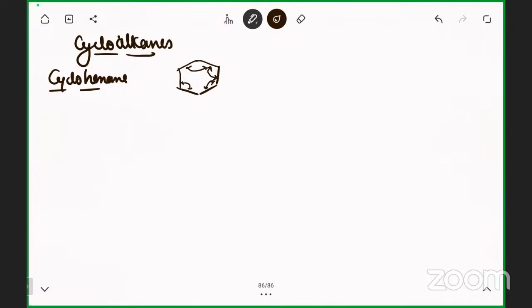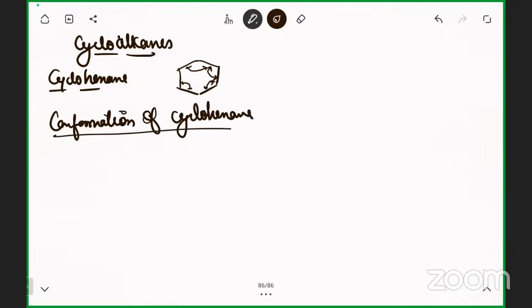So we'll make the conformations. If I make the conformations of cyclohexane, you have to remember them. First one is the chair form. This is called chair form, and chair form is the most stable form.